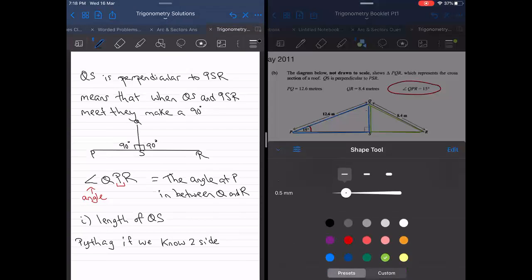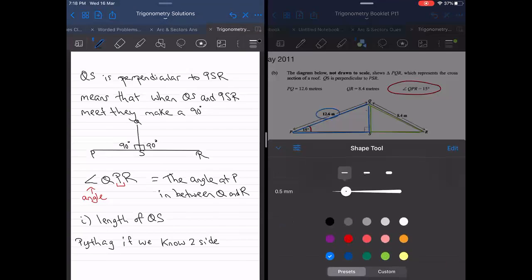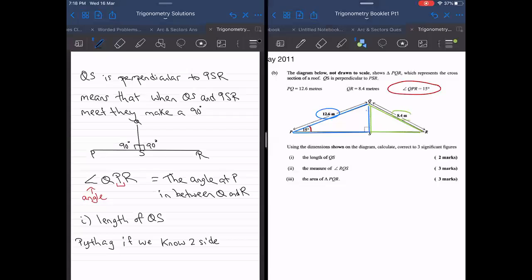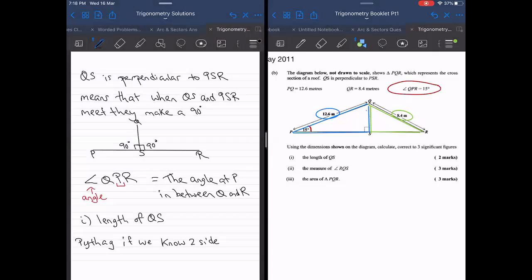So based on this, for this triangle, you only know the 12.6. For this triangle, you only know the 8.4. So therefore, you can't use Pythagoras' theorem because you don't have enough information to use it. You are only allowed to use it if you know two sides.